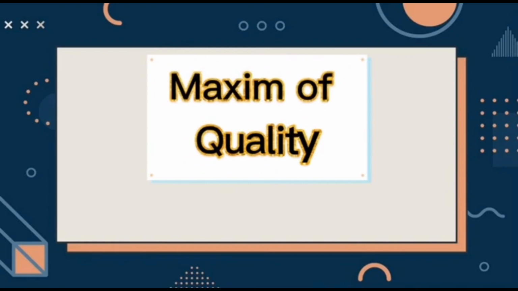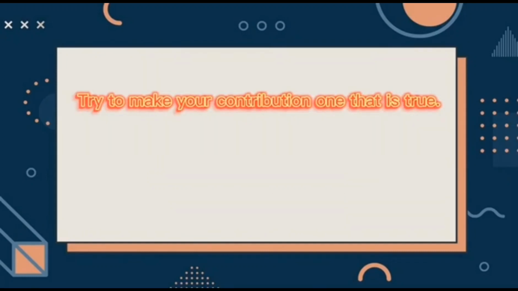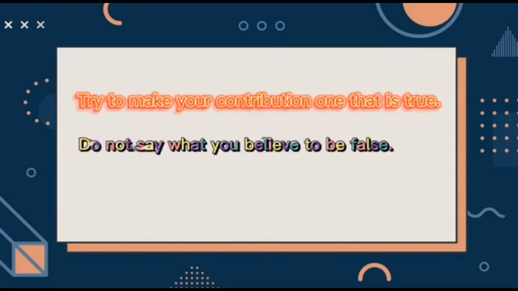The second maxim is the maxim of quality, or be truthful. There is one super maxim of quality, which is to try to make your contribution one that is true. Furthermore, based on this super maxim, there are two more specific maxims of quality. First, do not say what you believe to be false.